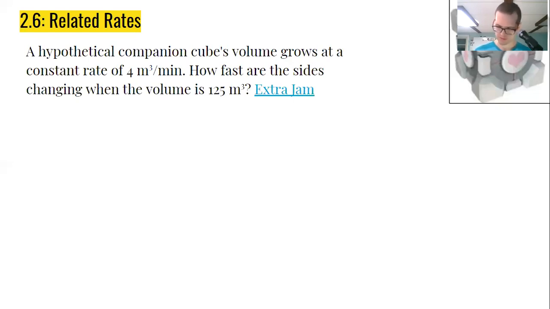So as we plug things in, I get 4 equals 3 times 5 squared ds/dt, and 3 times 5 squared is 75. So I can say 4 over 75 meters a minute equals ds/dt.